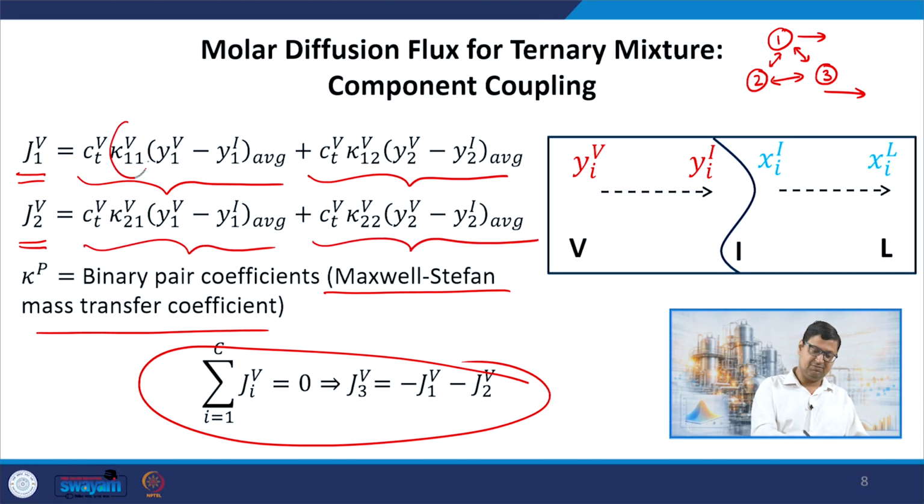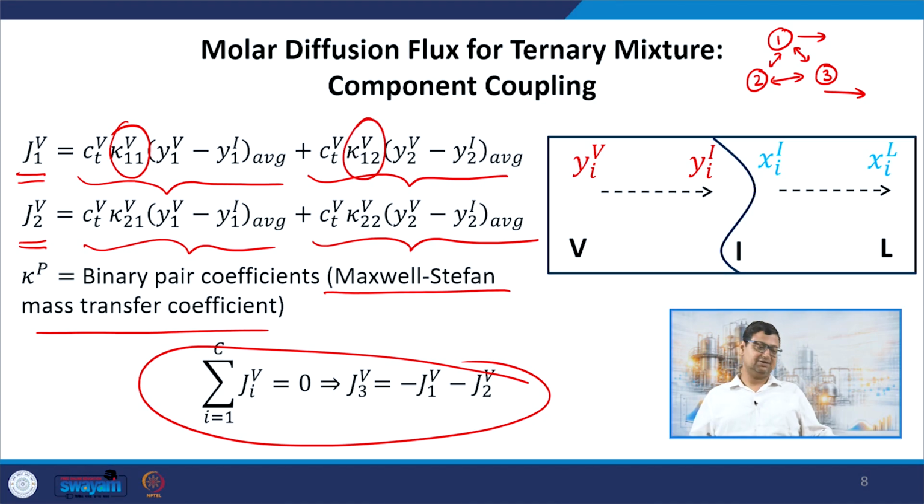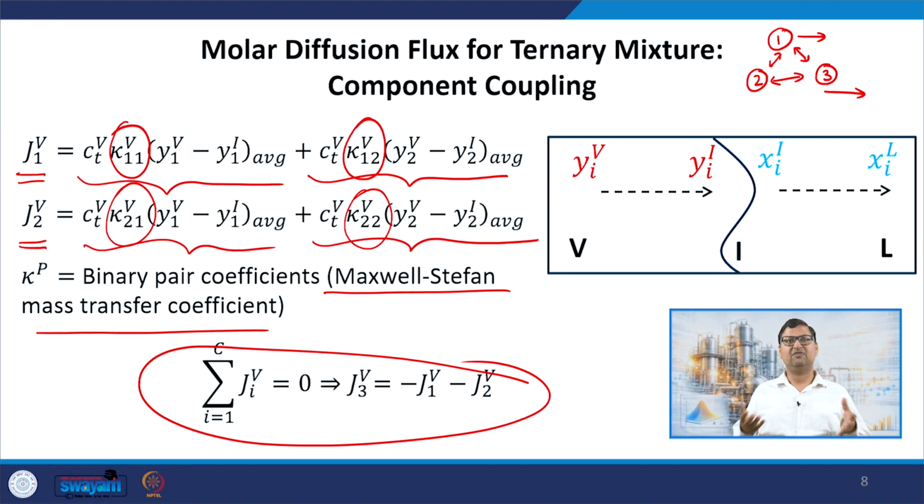The first term is 1 moving through 1. So, 1 is also moving through other 1 species, then the other is 1 moving through 2, the third is 2 moving through 1, and the fourth is 2 moving through 2, right?